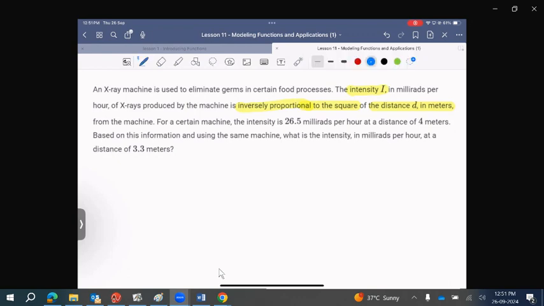So let's write that down as a statement. It says this is inversely proportional to the square of the distance. This implies that I is equal to k over d squared, which implies if we stick in our 2 pieces of information, this one, is that an I or a D?